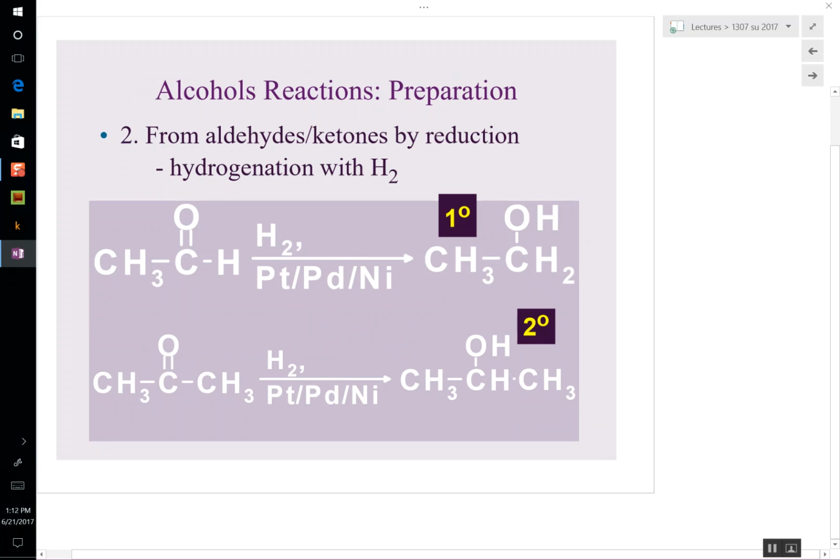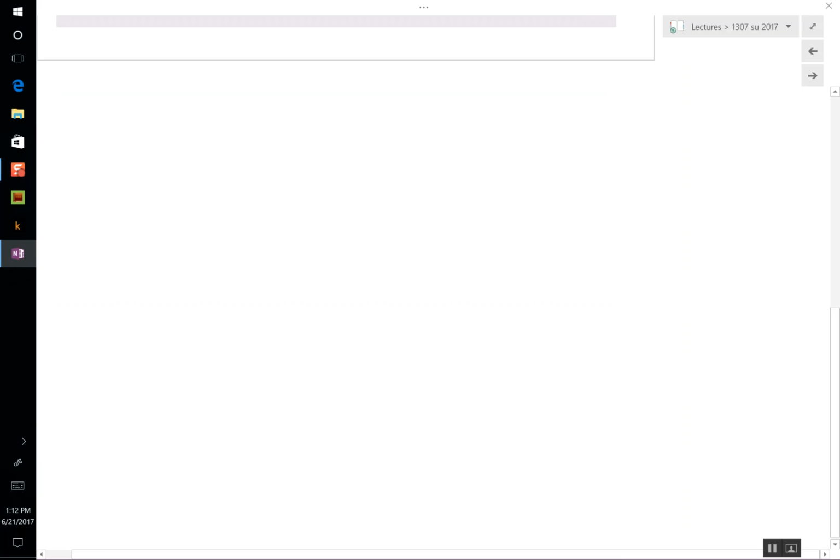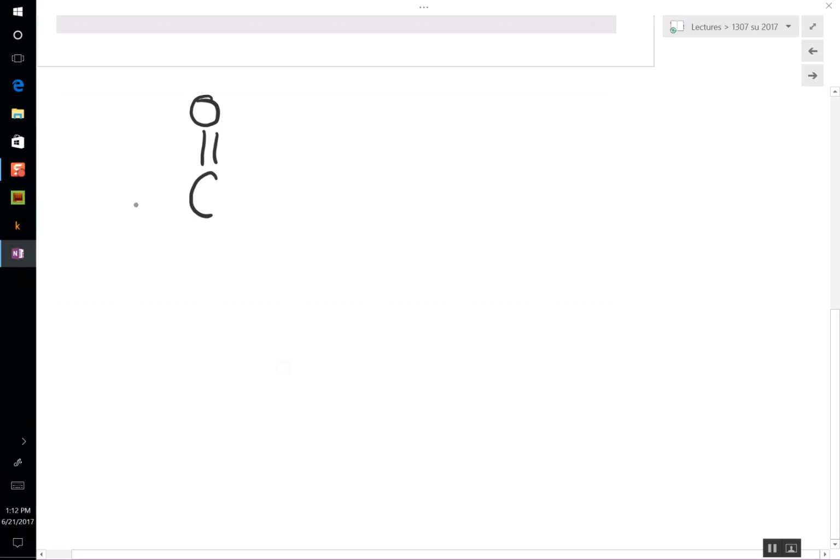Okay, now we got to talk a little bit about this one because you haven't been introduced yet to this bond. This is chapter 13. We're going to talk about this. If we have this sort of situation, this is a carbonyl.